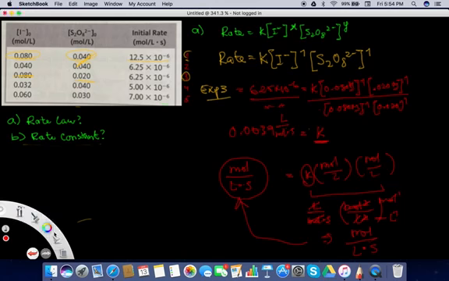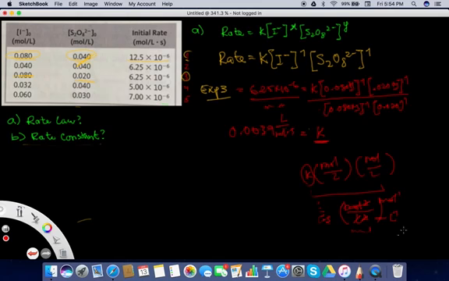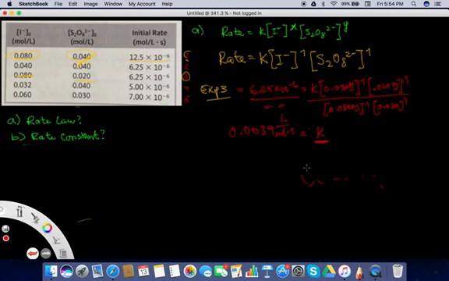All right? Now I'll do my second proof. My second proof will confirm that you could use any experiment in our experimental data set and you'll still get the same k value. So in green, I'll try experiment 5, another experiment that we didn't touch. We know that experiment 5 has a rate of 7.00 times 10 to the power of negative 6, which is equal to some constant that we need to calculate.